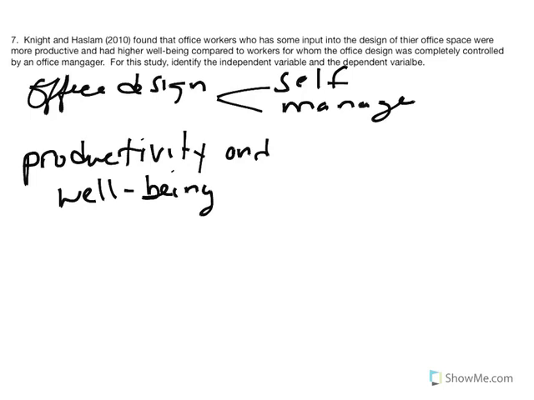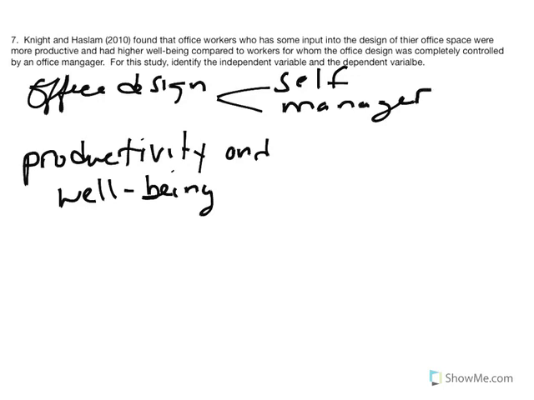Then, to be able to identify which is the independent and dependent variable, we should ask ourselves, what has an effect on what? Would one say that productivity and well-being has an effect on your office design, or does the office design have an effect on productivity and well-being? Well, in this case, what we want to study is the effects of the individual designing their office versus the manager.